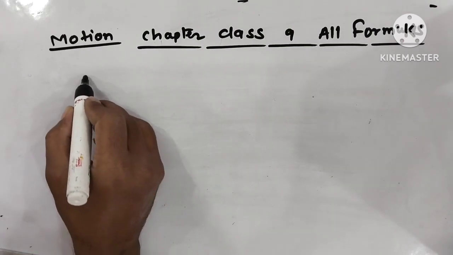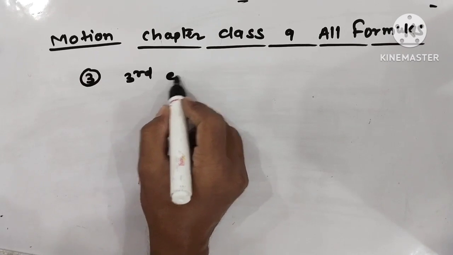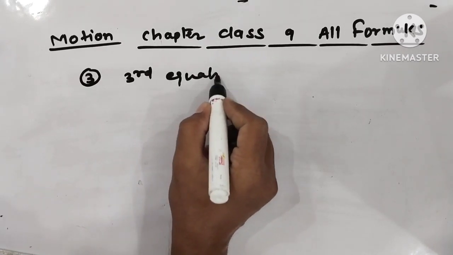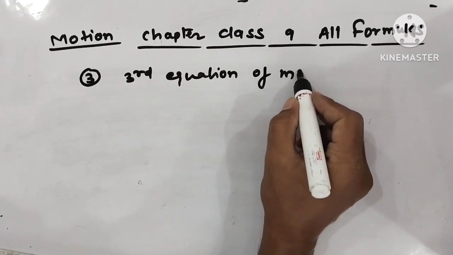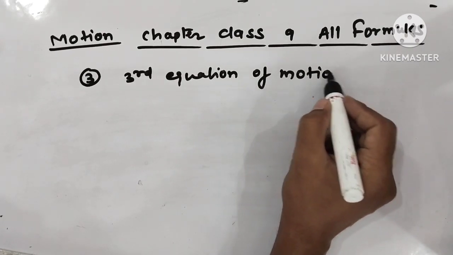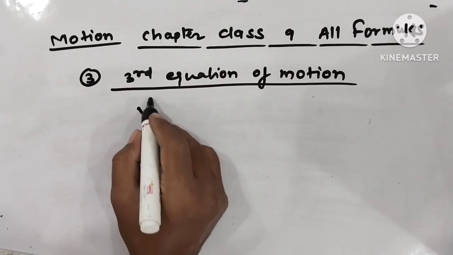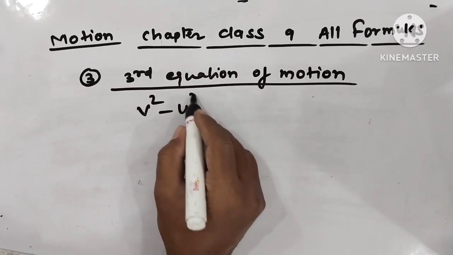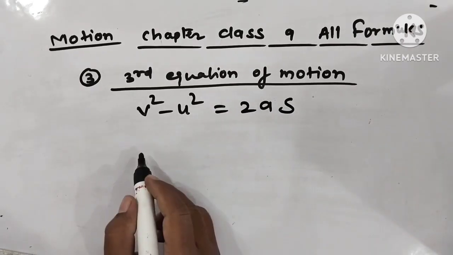Third equation of motion. V square minus u square is equal to 2as.